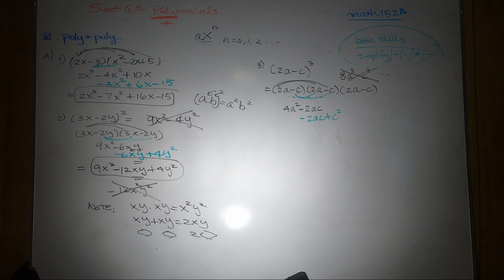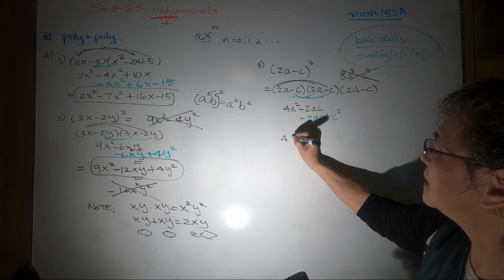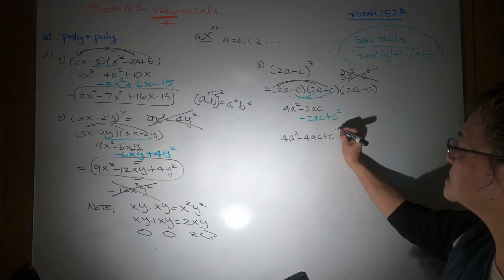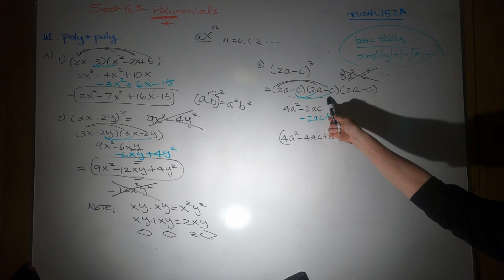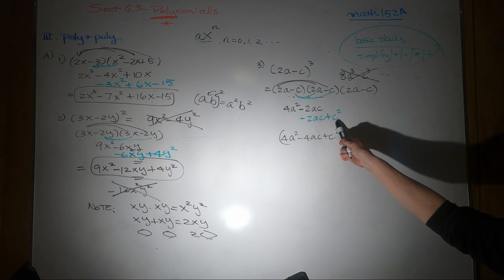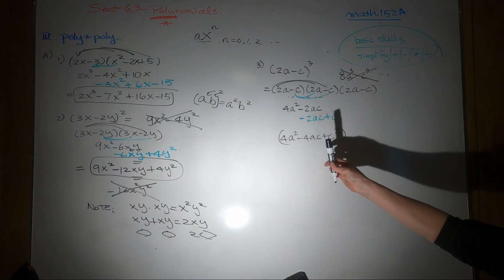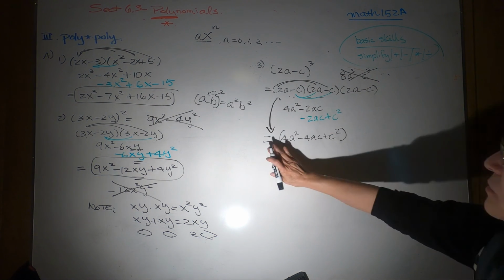Then you clean up. You have 4 terms here. Cleaned up would be 4a squared minus 4ac plus c squared. 2 terms times 2 terms, you should have 4 terms. Then cleaned up, you have a trinomial, 3 terms.